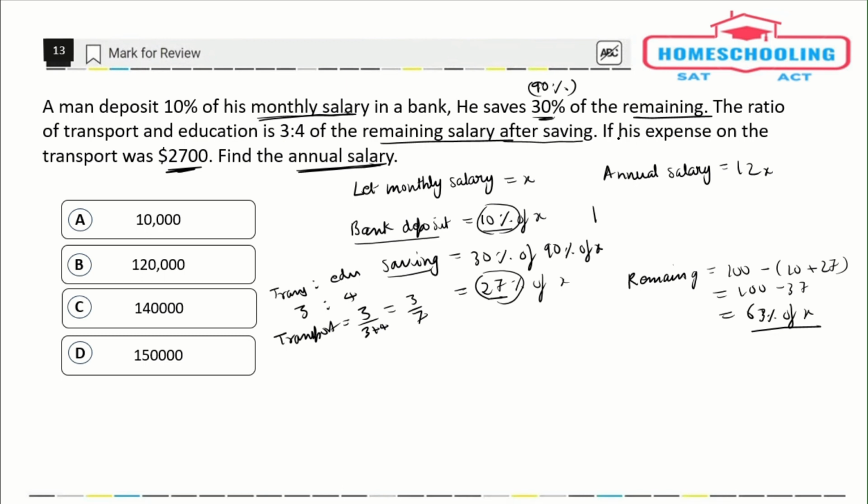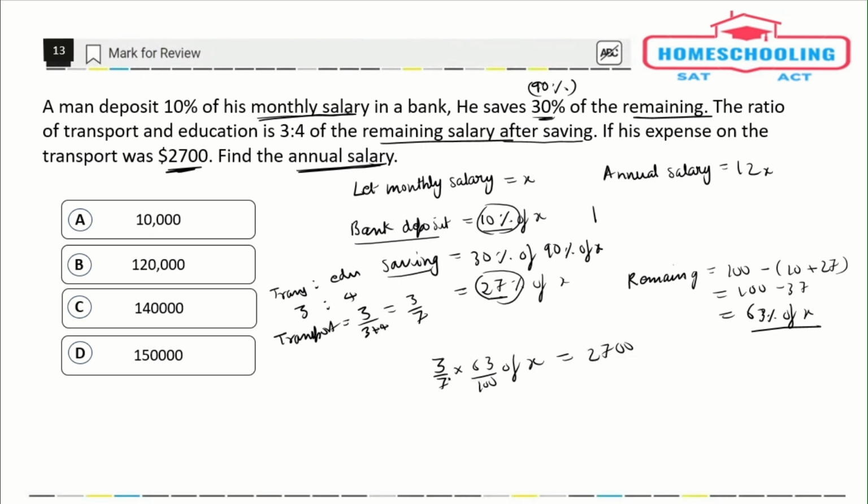In the question, it is given that the expense of transport is 3 by 7 of the remaining salary after saving, that is 63% of X. The expense of transport is $2,700.